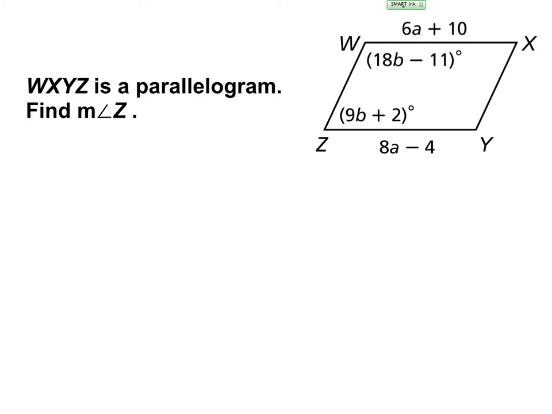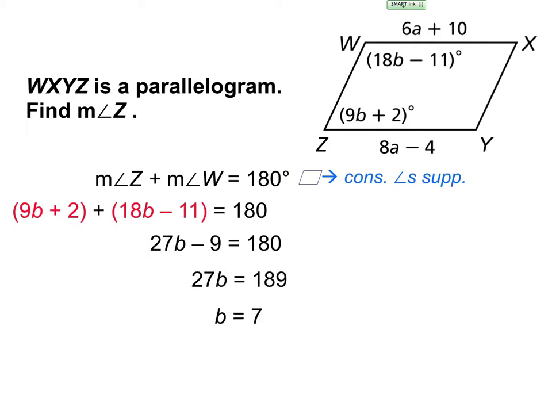All right, how about finding measure of angle Z in that same picture? Angle Z. Okay, what's the angle calculate to be? 65? You set it up right or not? Yeah, I did.